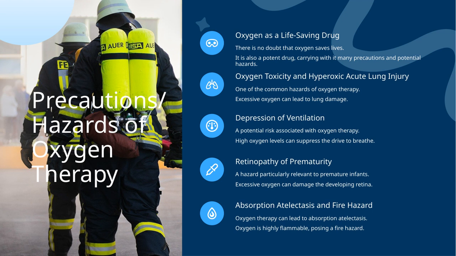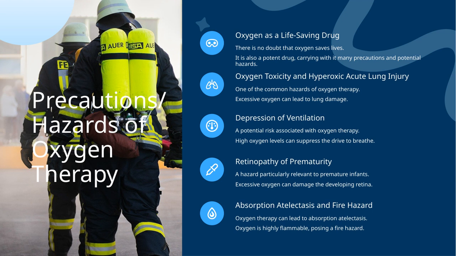For premature infants, there's a specific concern called retinopathy of prematurity. Excessive oxygen can adversely affect the developing retina, potentially causing long-term visual problems. This is why oxygen levels must be carefully controlled in these vulnerable patients. Depression of ventilation is another potential risk.